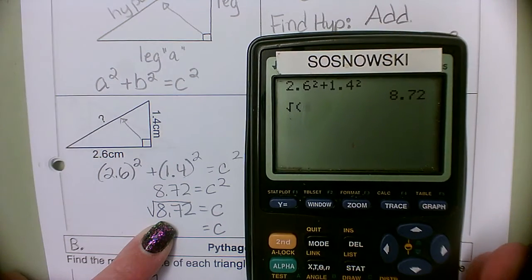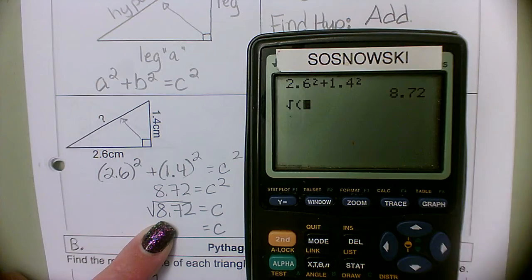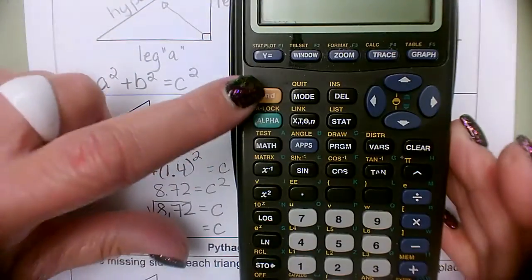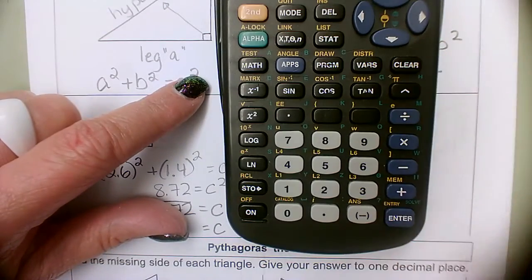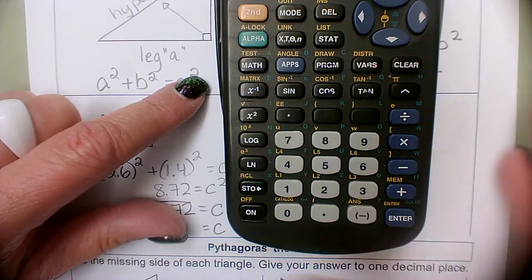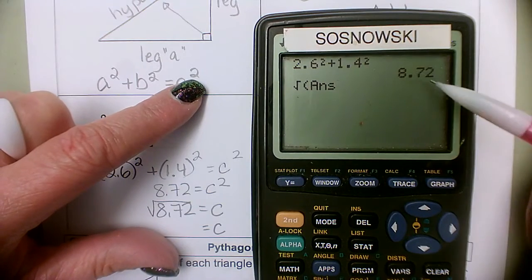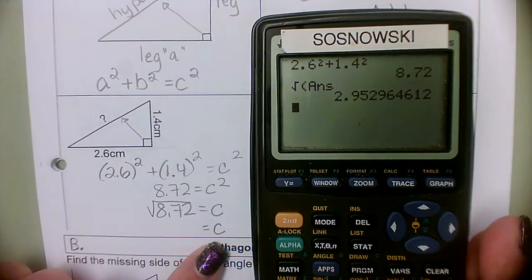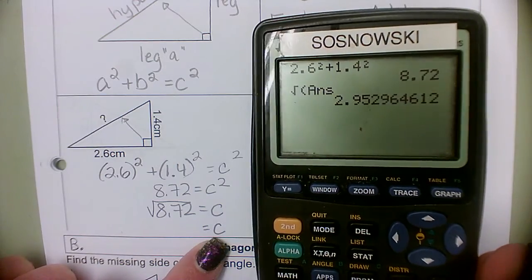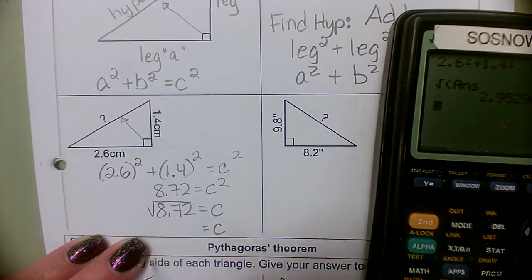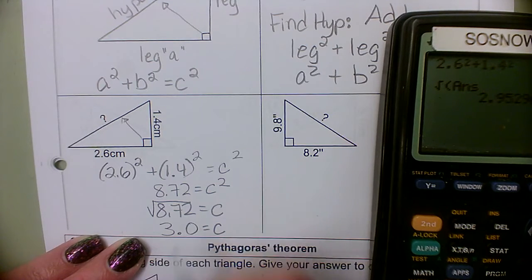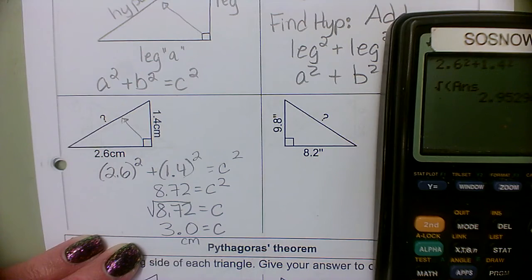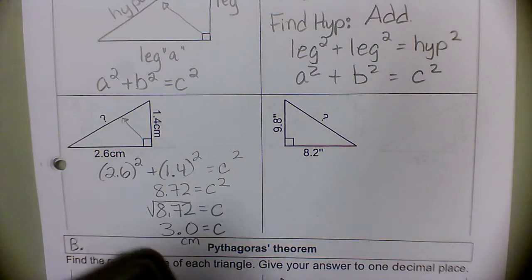If you've got a graphing calculator, you can go second function and then use the answer button, and it will pop in the previous answer. If I round to one decimal place, the 9 rounds up to a 3, so 3.0, and we're in centimeters.